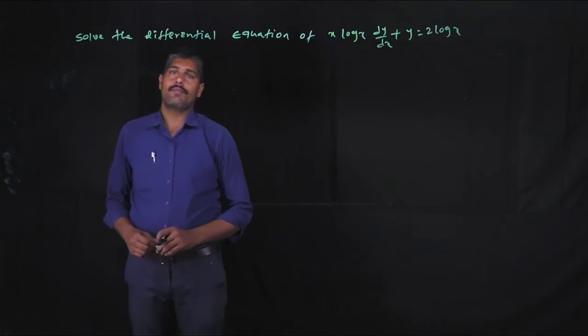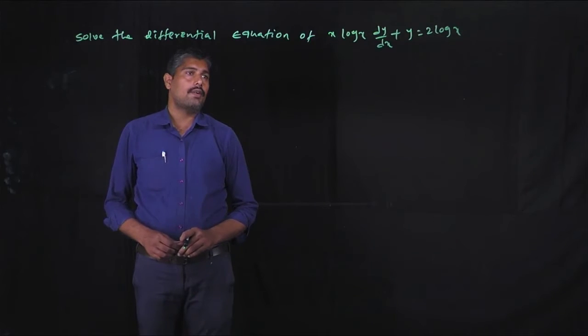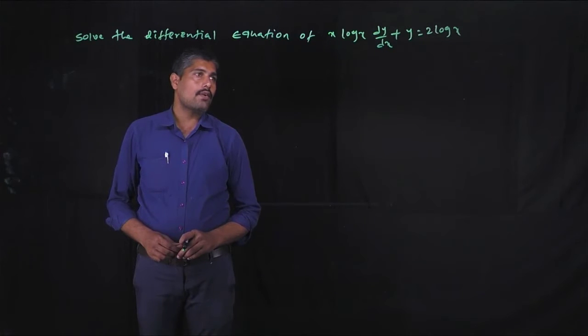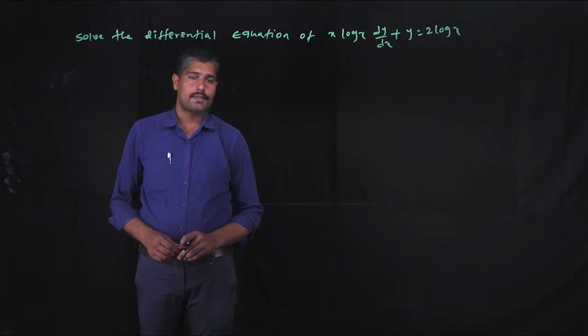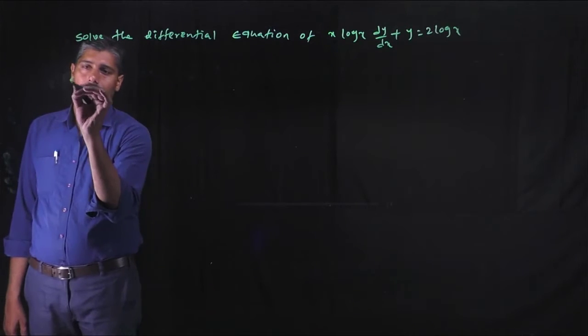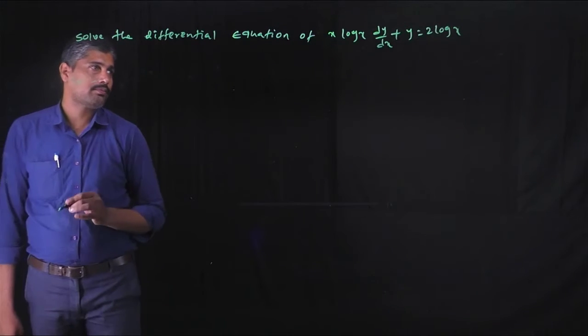Okay, next one, solve the differential equation x into log x dy by dx plus y equal to 2 into log x, right? First we convert into linear differential equation. Then solution.